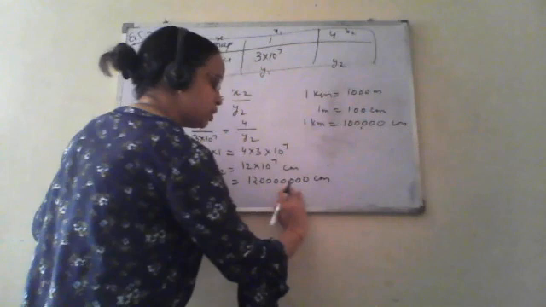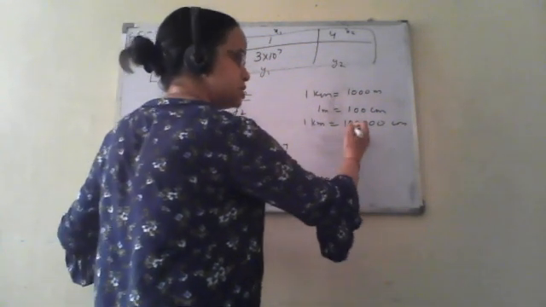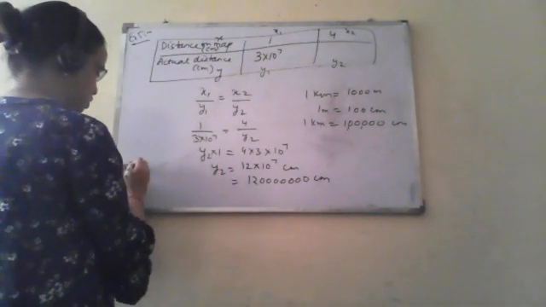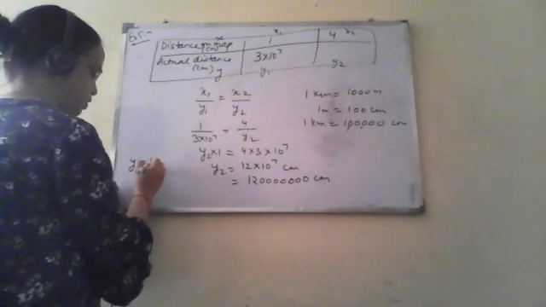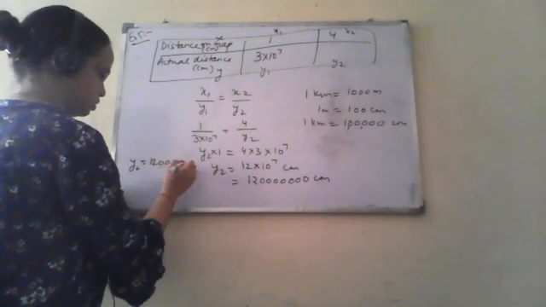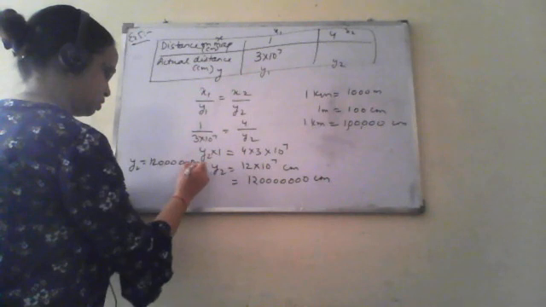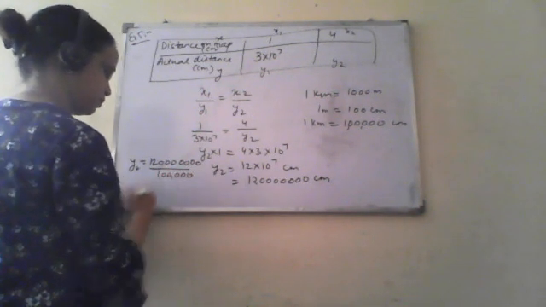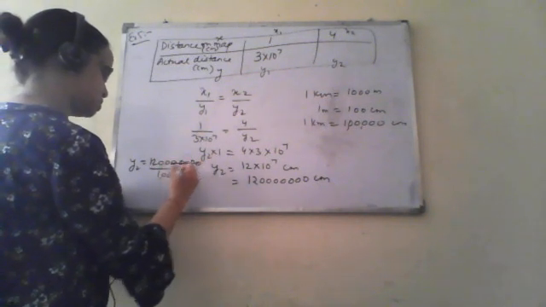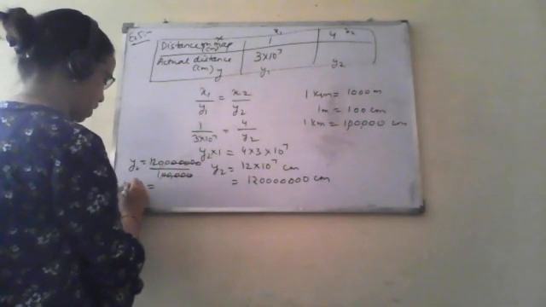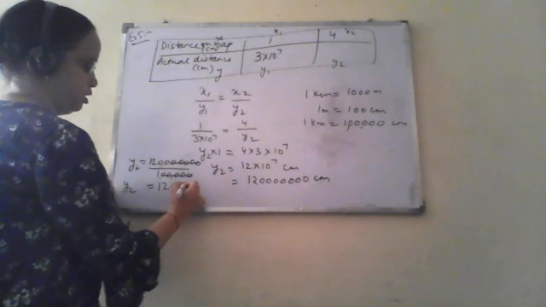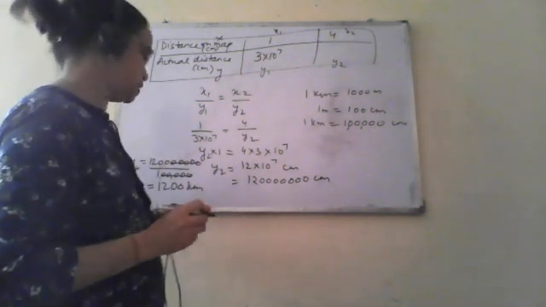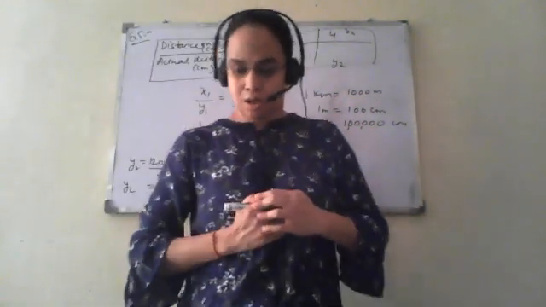So in order to convert this centimeter value, we have to divide by this value. Clear? So y2 will become this upon this, so we can cancel out this and this. So y2 will become 1200 kilometers. That means that the two cities are 1200 kilometers apart.